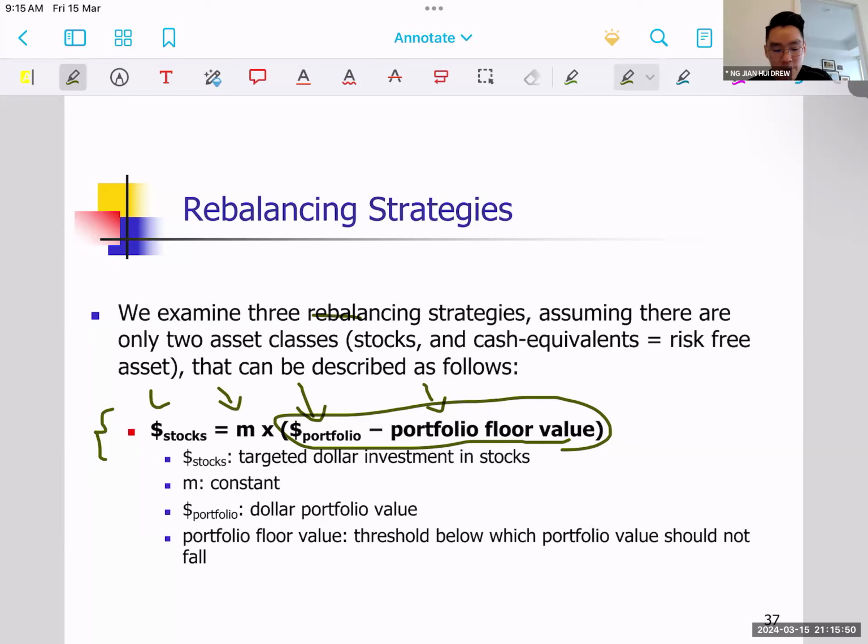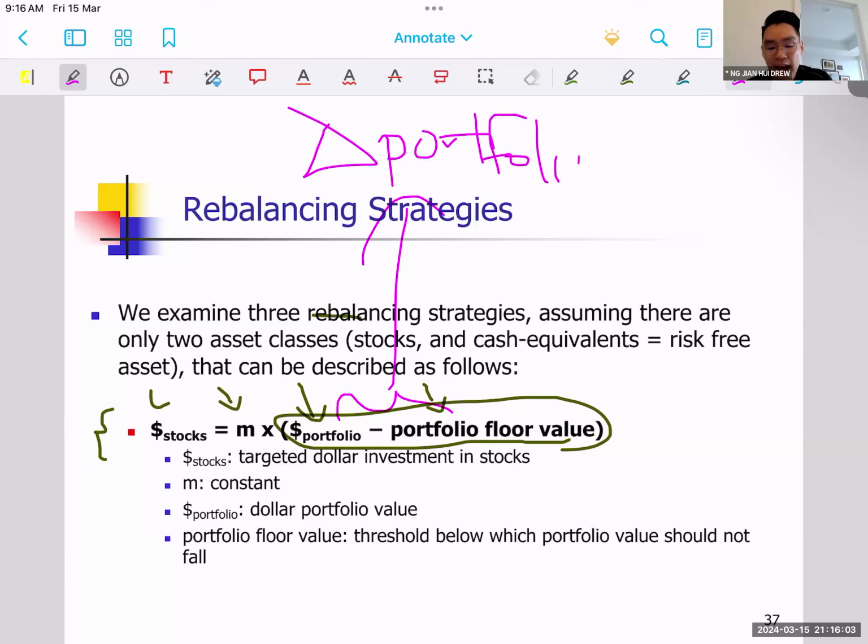Now, if you take the portfolio minus the floor, this is basically your change in portfolio value that is attributable to risk, right? You understand? Okay, you get it, right? So the portfolio value minus the floor is basically the fluctuation of the portfolio that is contributed by the risk factor.